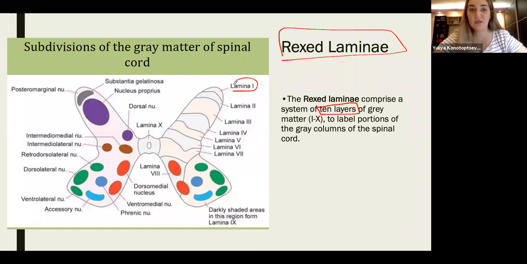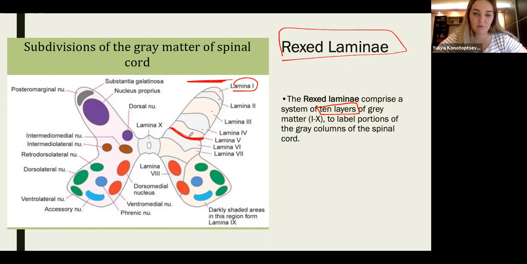Lamina 1 is the most posterior. So let's take a look at the general organization, right? This is lamina number 1, lamina 2, 3, 4. So 4 is until here approximately according to our university. Which laminae are present in the dorsal or posterior horn?